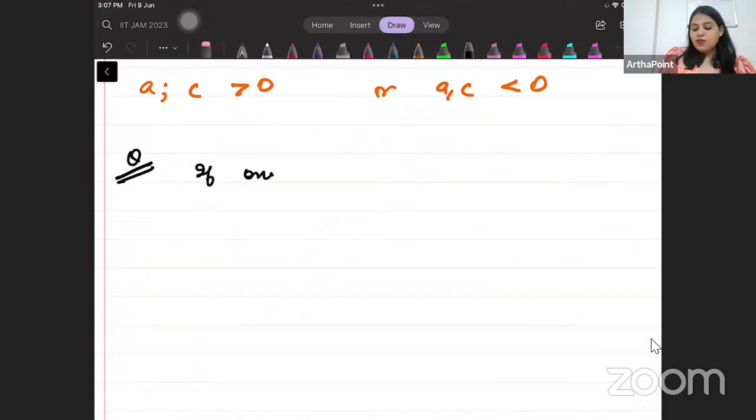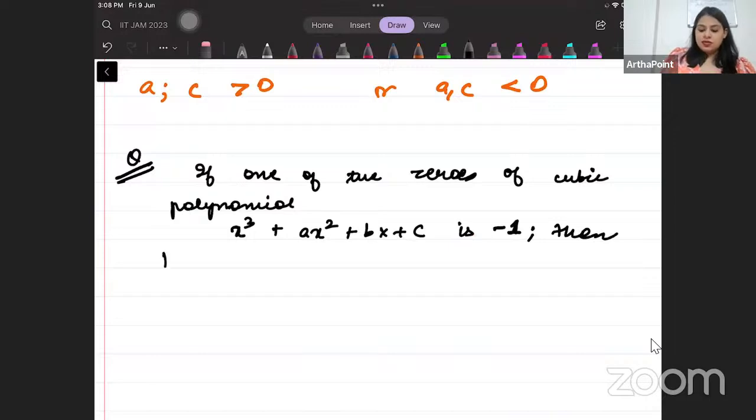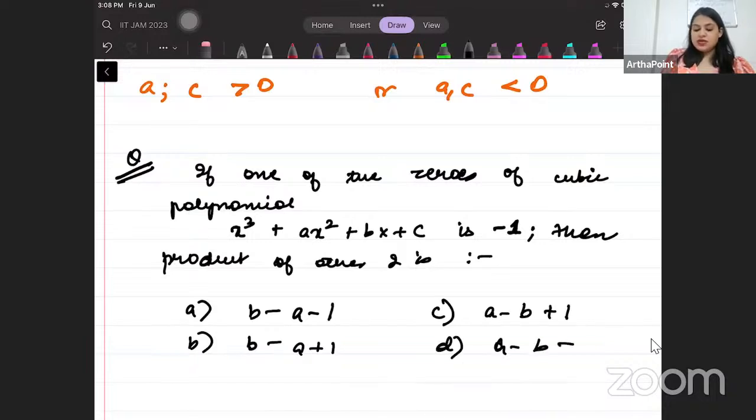So it says, if one of the zeros of cubic polynomial x cube plus ax square plus bx plus c is -1, then product of other two is: A, b minus a minus 1; B, b minus a plus 1; C, a minus b plus 1; D, a minus b minus 1.